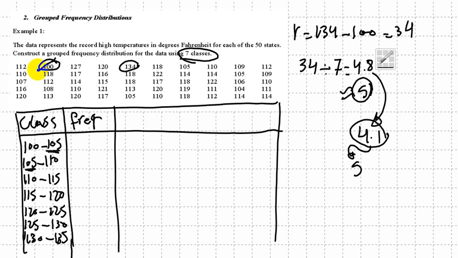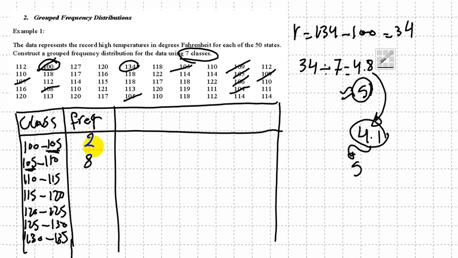Only one element for the first. Then the second group from 105 to 109. 1, 2, 3, 4, 5, 6, 7, 8. So it's 8. In the first group, we have 2 elements because there is 104 here. So here is 2.